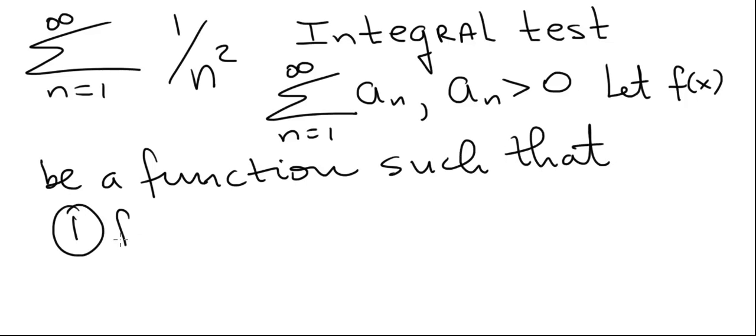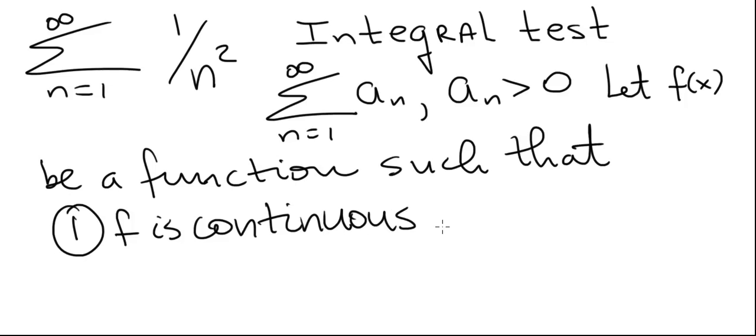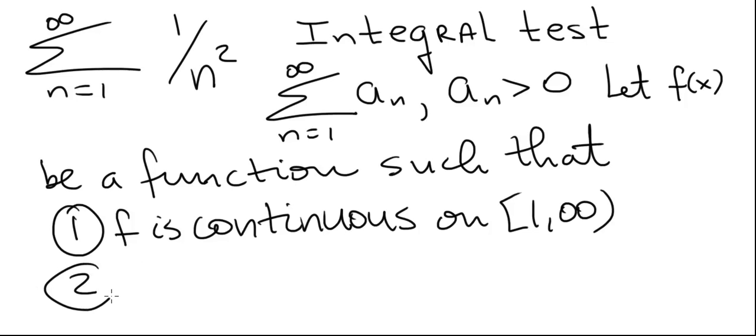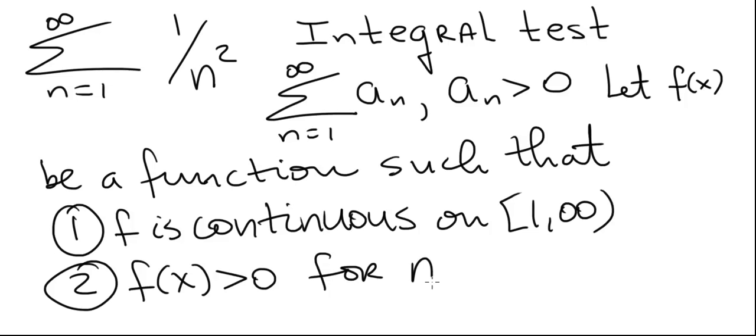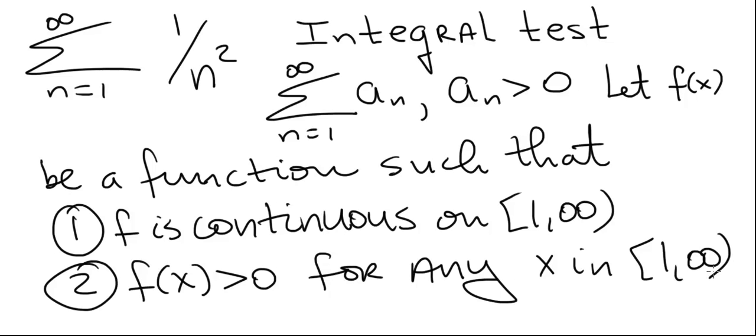First, f is continuous on this interval 1 to infinity, and if the series starts at 2, then the interval we will be looking at will be 2 to infinity. Second condition, the function is positive, that is f of x is positive for any x in this interval 1 to infinity.